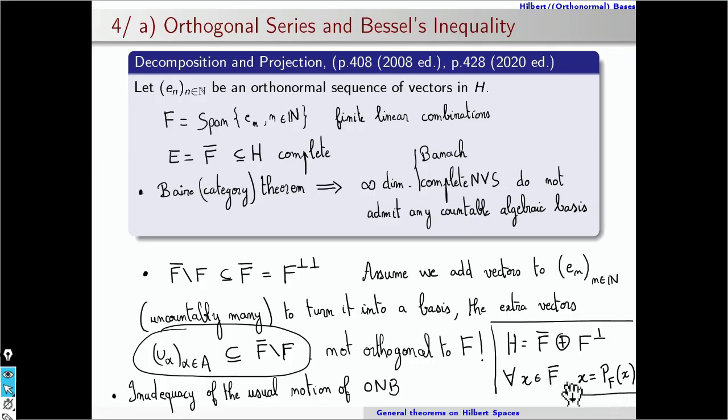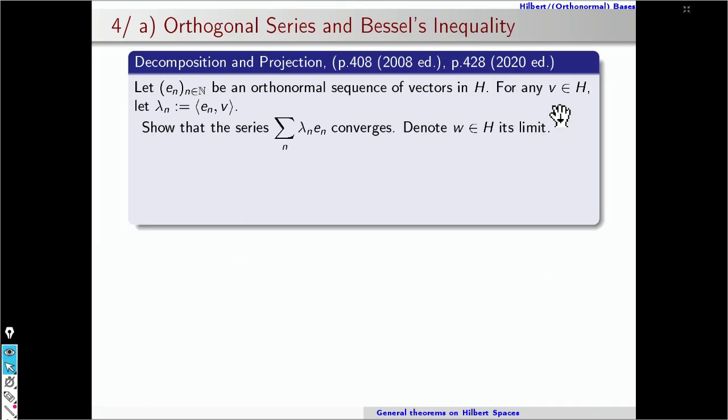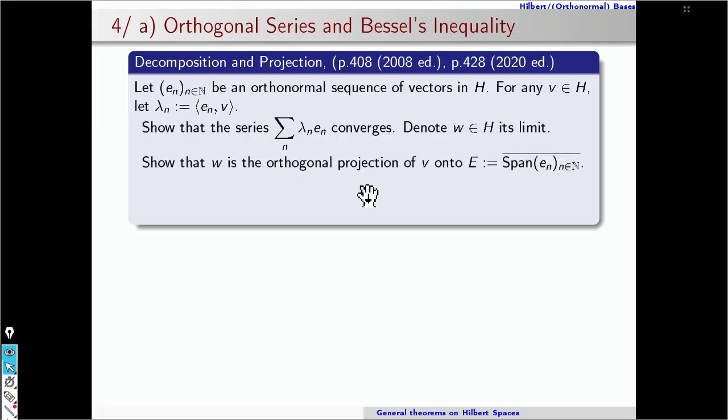And thus, a fortiori, any element in the closure is the projection of a vector in H. Let V be a vector in H, and for any integer n, let lambda n be the inner product of En with V. We will show that the series lambda n En converges. If we denote W its limit, then W is the orthogonal projection of V onto the closure of F, and its norm is smaller than the norm of V.